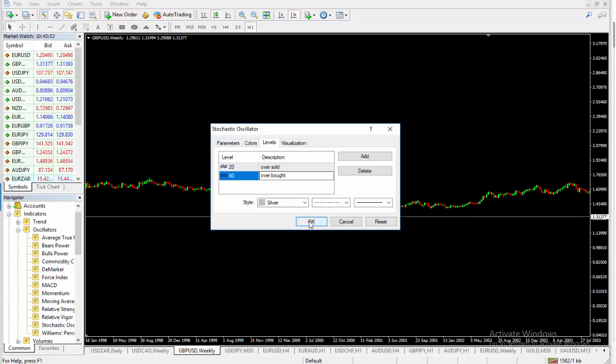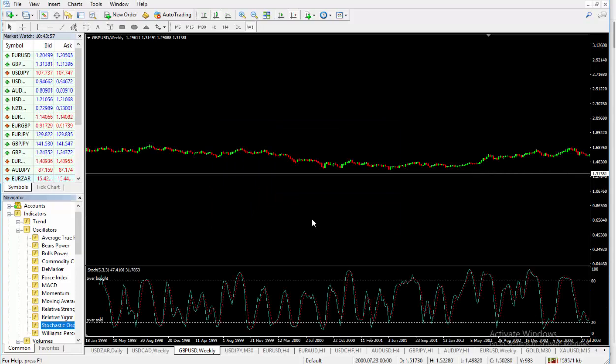This is just to help you. Once you've done that, you just click OK, and there are the levels. You see it's written overbought there, and here it's written oversold. So you can use that to buy and sell.